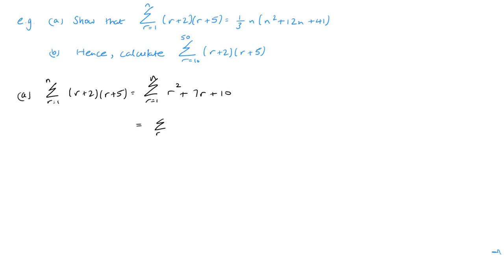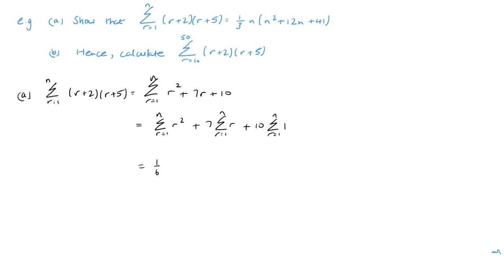So this now is being split up into the sum of r squared, plus 7 times the sum of r, plus 10 times the sum of 1. And now it's a matter of using my formulae.